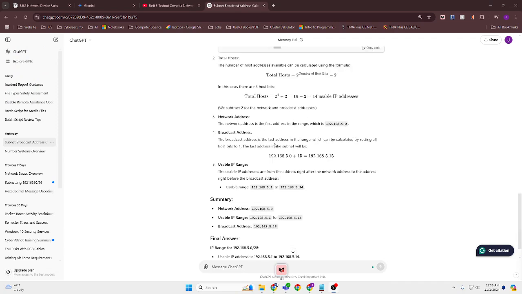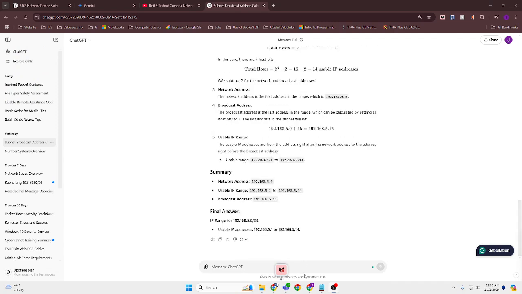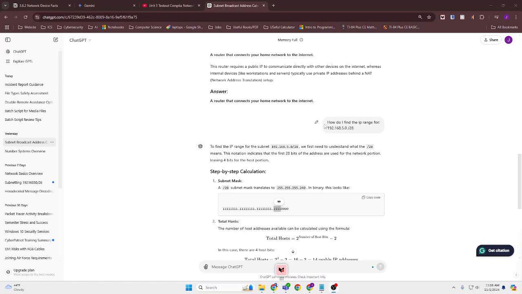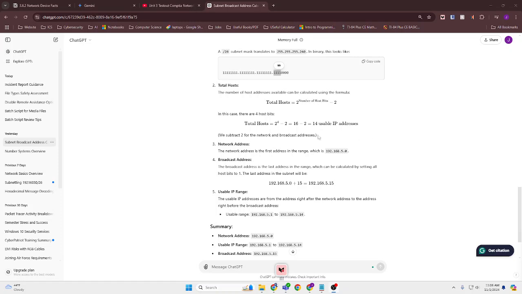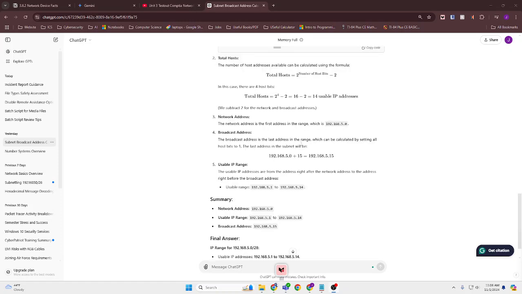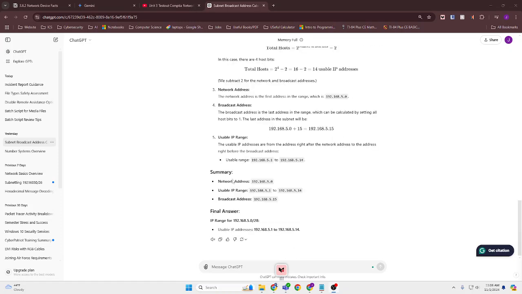I didn't use this to cheat though, because as soon as I put in, how do I find the IP address range, I opened this up so I couldn't really see any answers, but I know how to do this at least. So just to show you, this is what I have for it. So yeah, that's what I did for that.